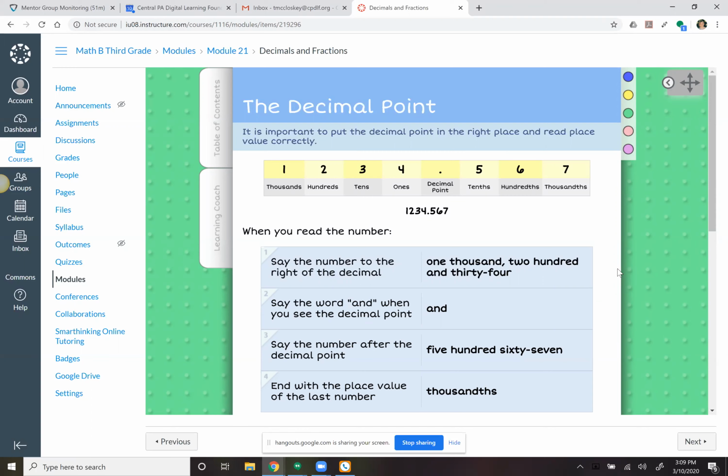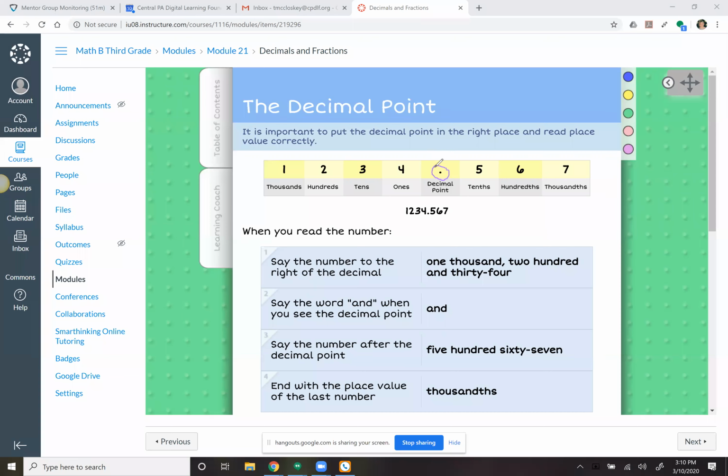So you can see my mouse moving? Yeah. Okay. So we have the decimal point here. Let me get my little handy dandy pen out. This is our decimal point.